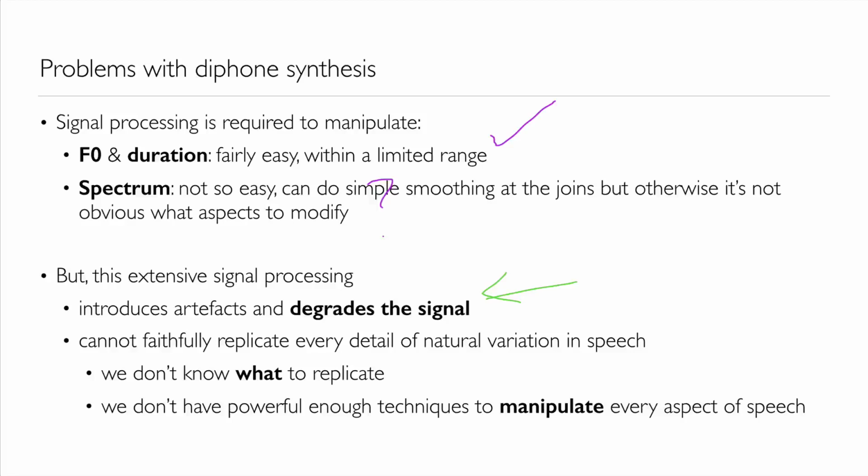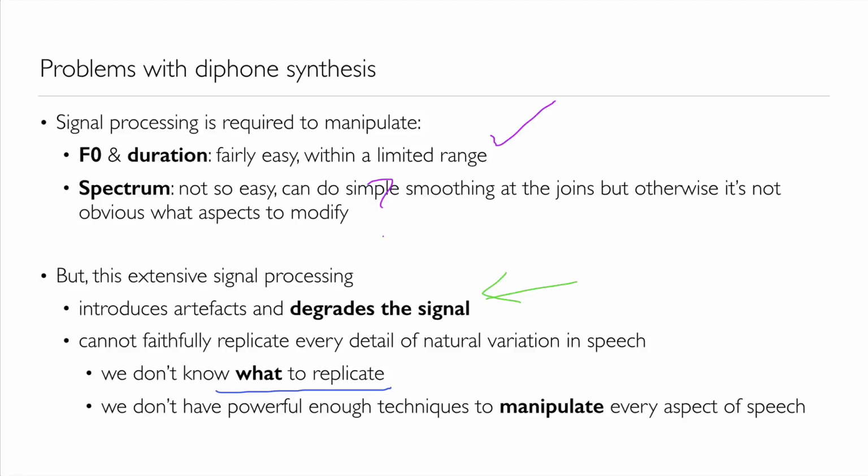And that is that the things that we're imposing with signal processing have had to be predicted from text, and our predictions of them aren't perfect. So even if we had perfect signal processing, even if it didn't introduce any artifacts or degradations, we still wouldn't know exactly what to do with it. What should we use the signal processing to modify? We have to make predictions of what the speech should be like from the text and then impose those predictions with signal processing.